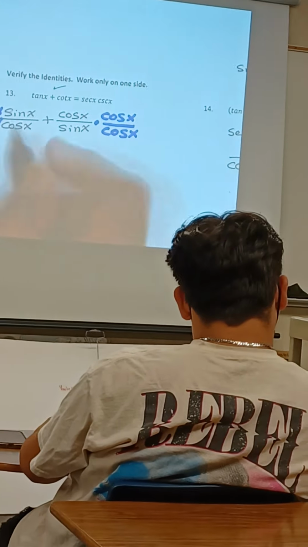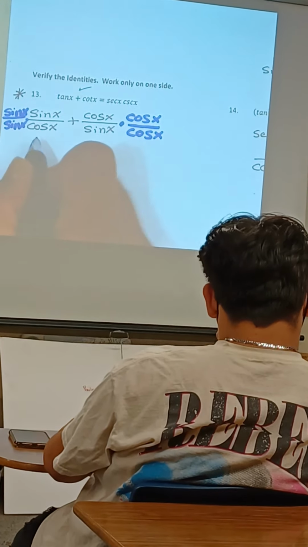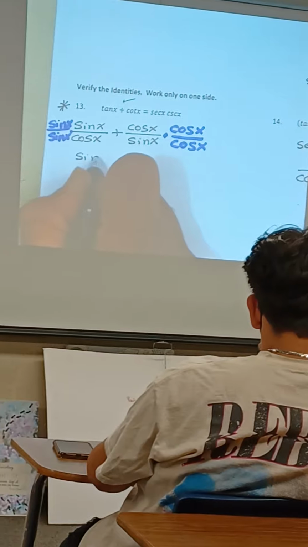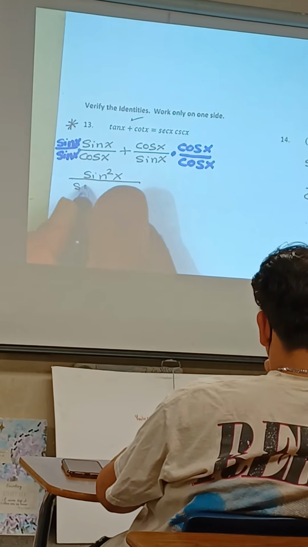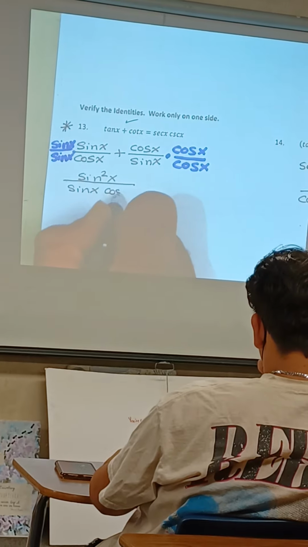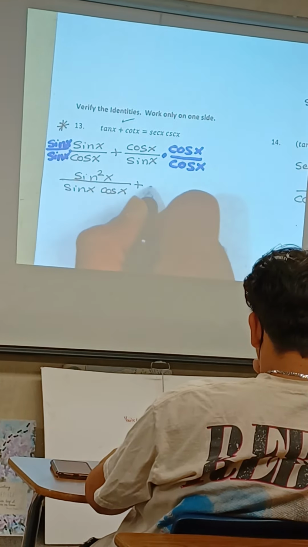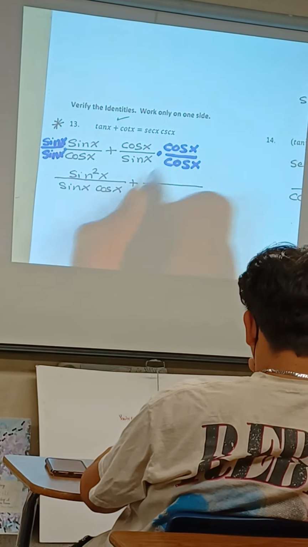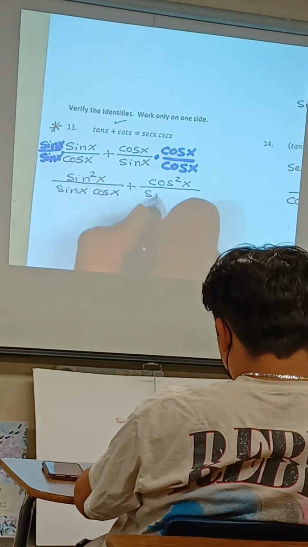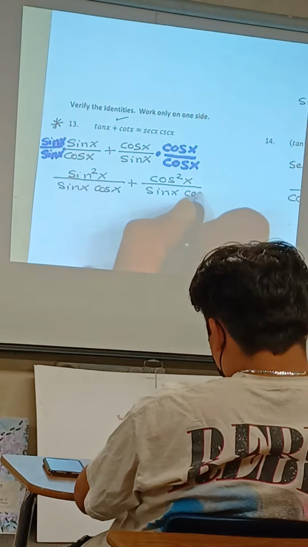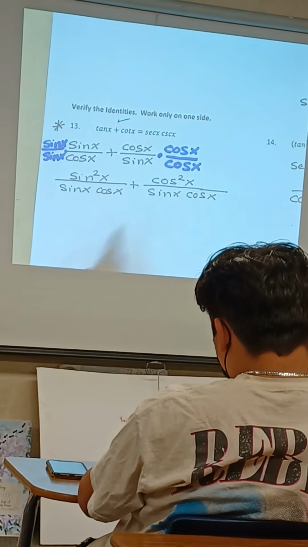So sine times sine is sine square. Cosine times cosine is cosine square. Like that.